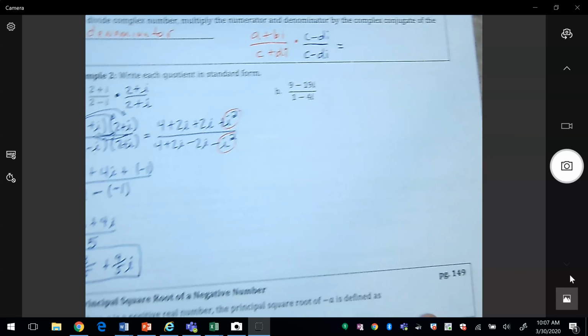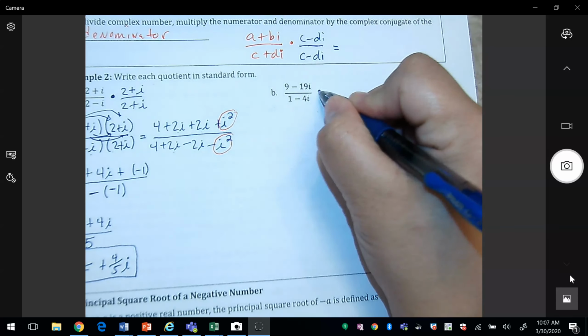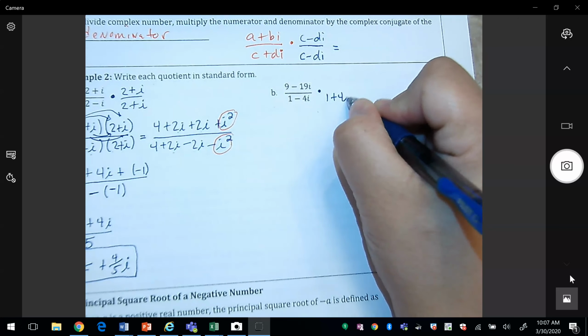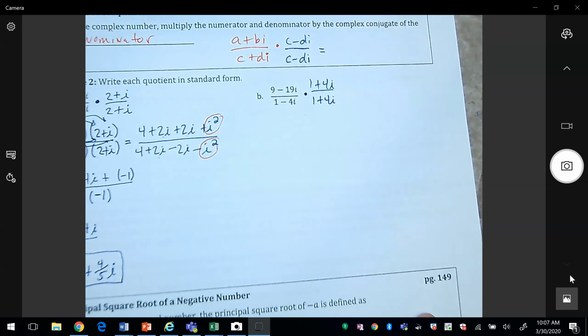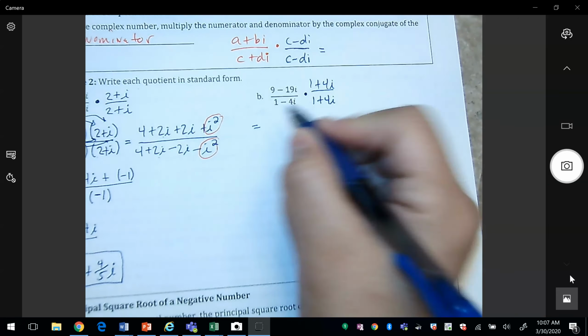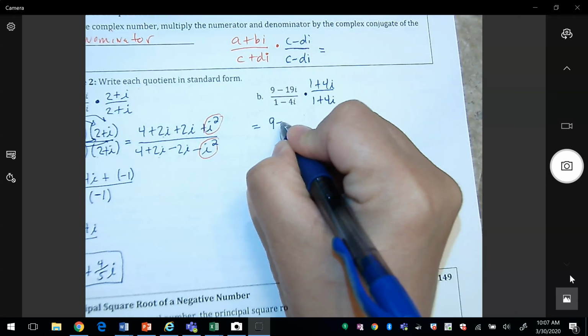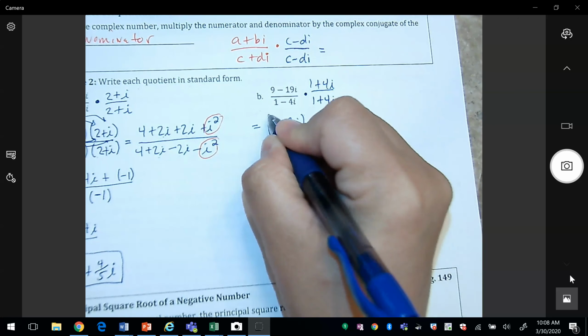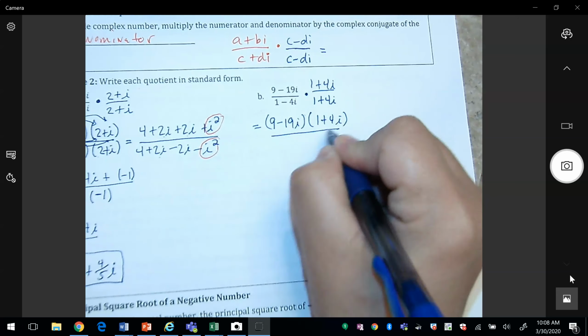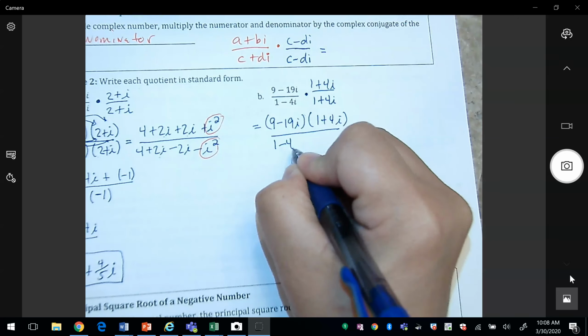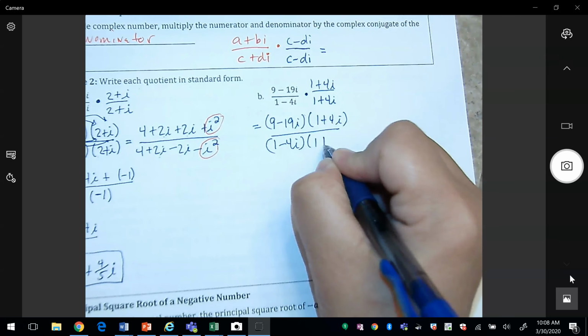So let's try letter B. The conjugate here would be 1 plus 4i. And so if we multiply this, we would end up with 9 minus 19i times 1 plus 4i divided by 1 minus 4i times 1 plus 4i.